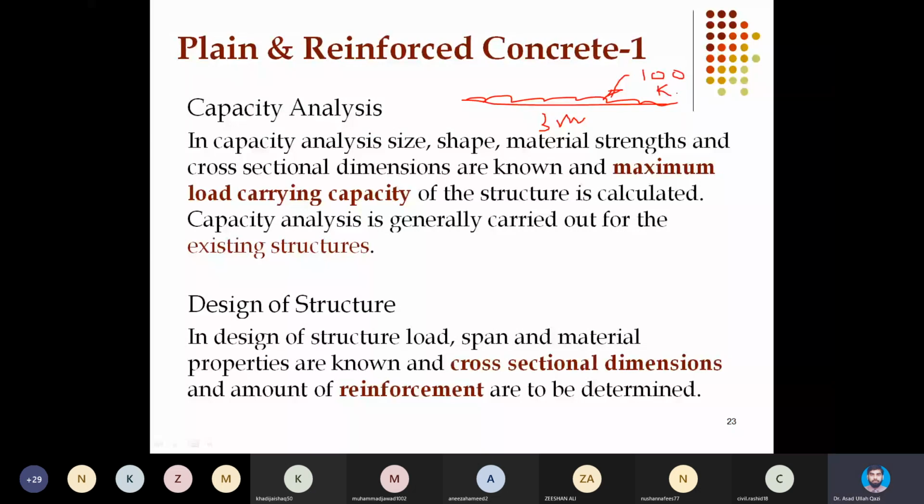So the question is that, can I put this load safely on a line element, and that element I select is a beam on which I can put this uniformly distributed load, and beam span I'm proposing is 3 meter.